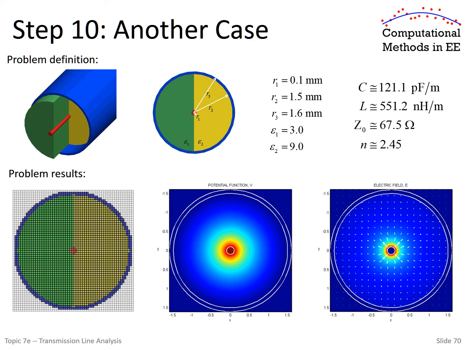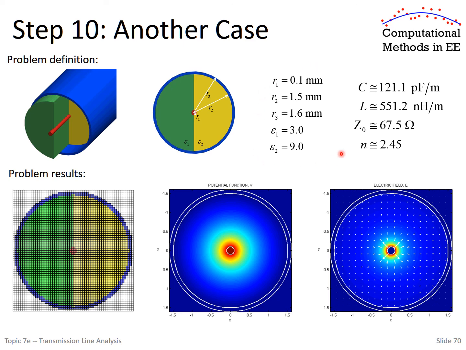That's because we increased the permittivity, which gave us a higher distributed capacitance. And since impedance is the square root of L divided by C, a higher capacitance gave us a lower characteristic impedance. And the effective refractive index went up simply because we're using higher permittivity values. That is slowing down the wave.